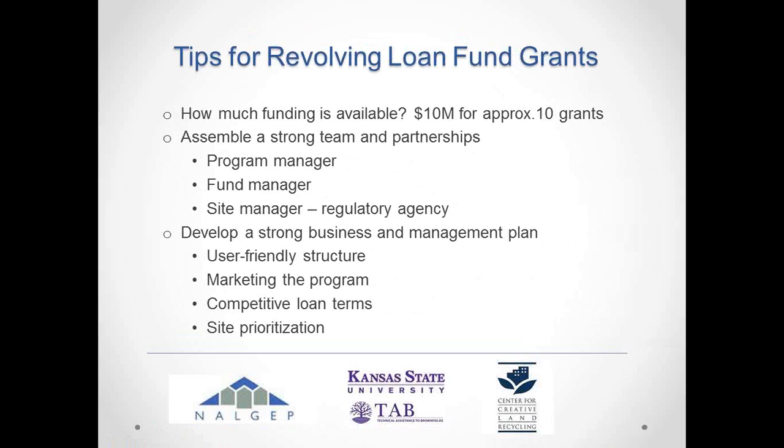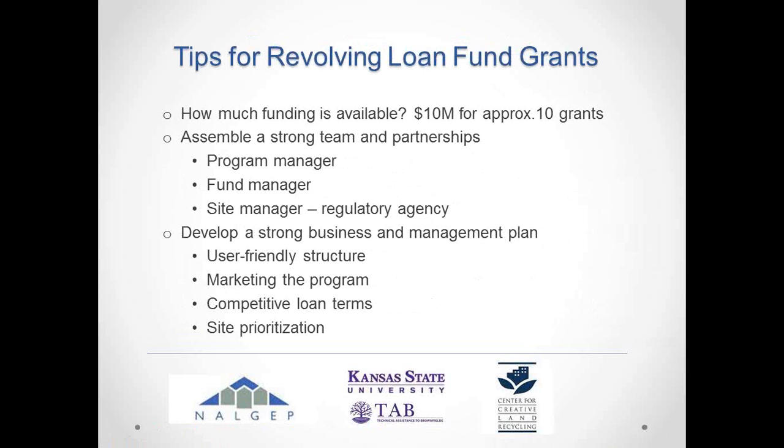Other things to think about is having a strong business and management plan. Think of yourself like a mortgage lender. If you're selling your product, you want things clear up front. Though there is a 5-year window to implement this grant, you want to save as much of this time to market and provide loans.